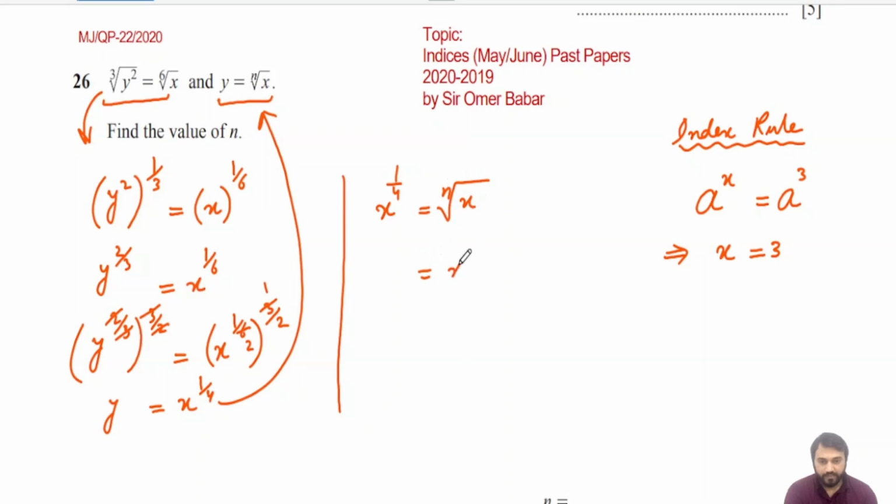Remove the radical sign, we have x raised to power 1 over n. Now we have the same bases, so powers are equal. This is the index fourth rule. 1 over 4 is equal to 1 over n. Now cross multiply to get the value of n. It will be n is equal to 4. So we have n is equal to 4.